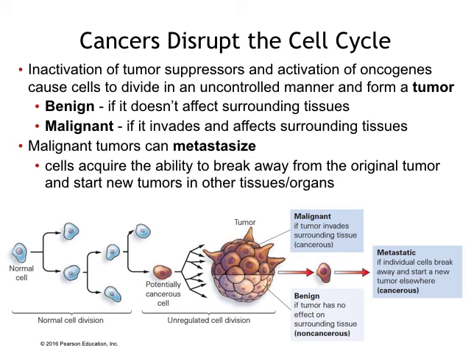But these malignant cancer cells can acquire the ability to break away from the tumor and start new tumors in other tissues or organs. And so this is what we call metastasis. Whenever you hear someone say, "Man, their cancer is spreading," it's that the cells are breaking off of the tumor and spreading to other parts of the body.